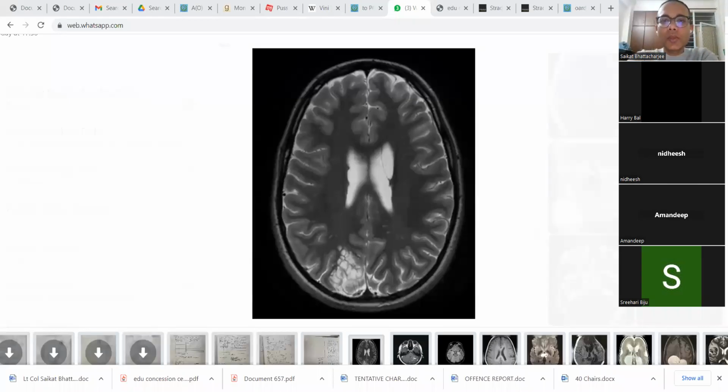Chalo, let's begin. Nitish, how do you think this patient must have presented? Seizures.